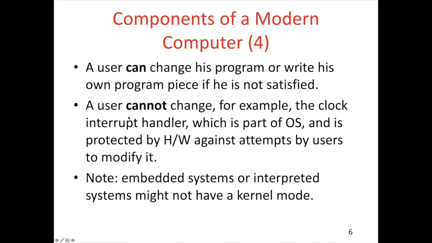A user cannot change, for example, the clock interrupt handler, which is part of the operating system and is protected by the hardware against attempts by users to modify it. Note that embedded systems or interpreted systems might not have a kernel mode.